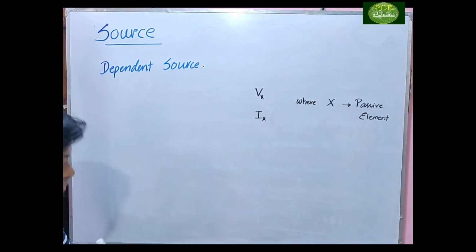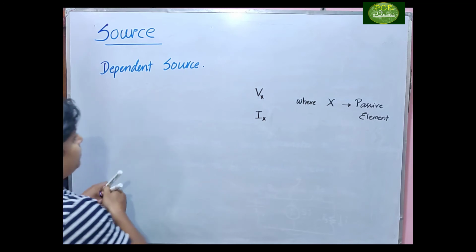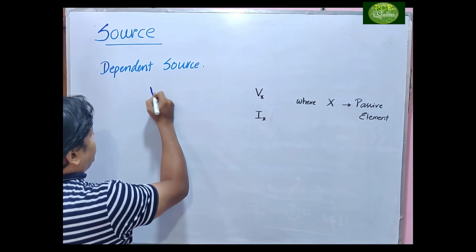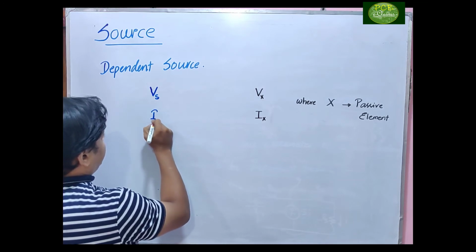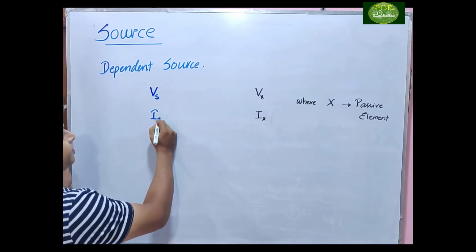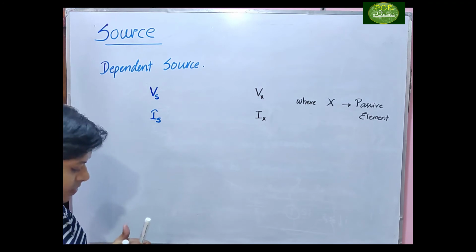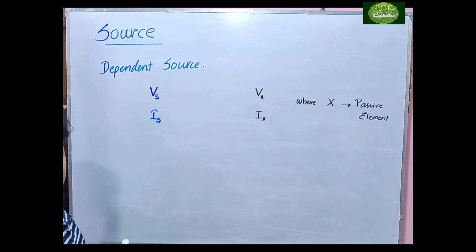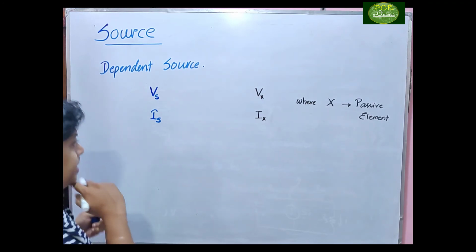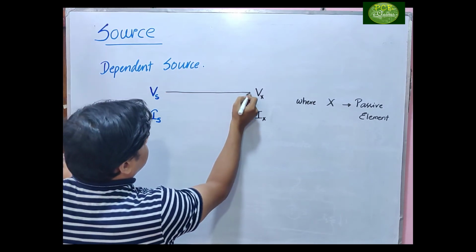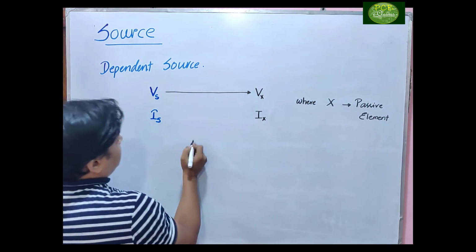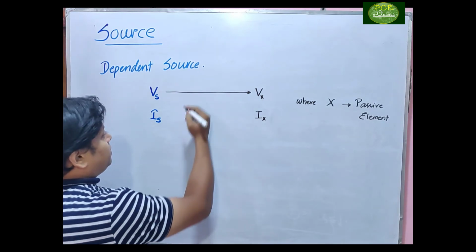and I am taking two sources. What are they? Vs and Is. Fine? Clear? If this Vs is depending on Vx, fine?